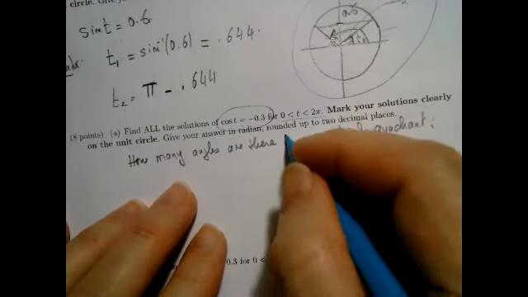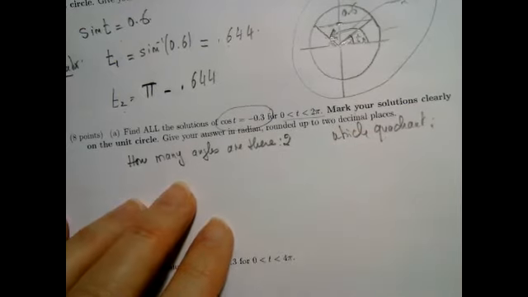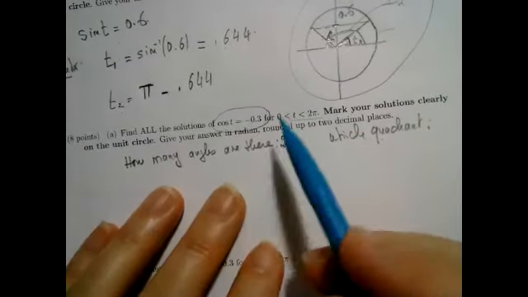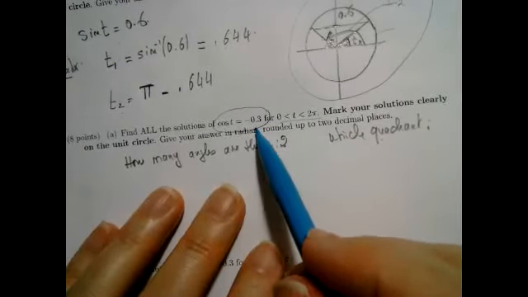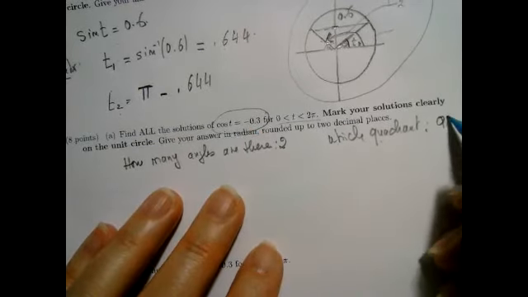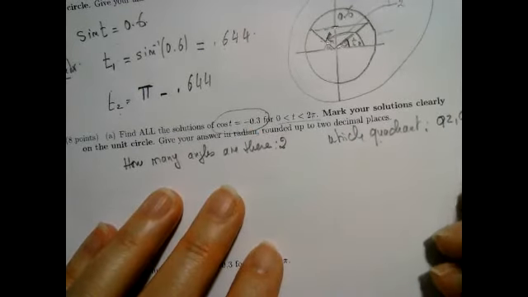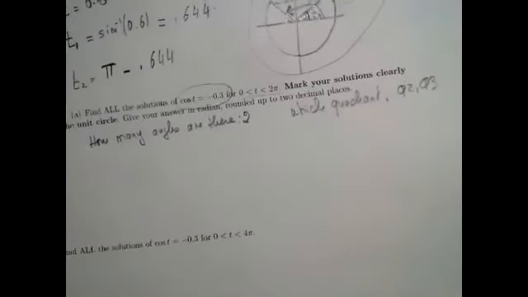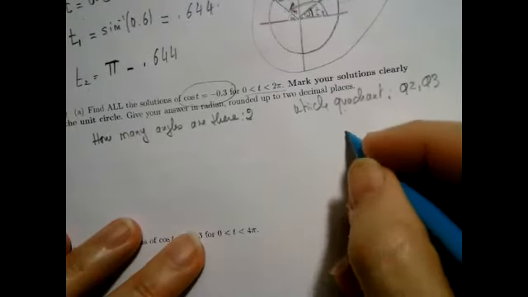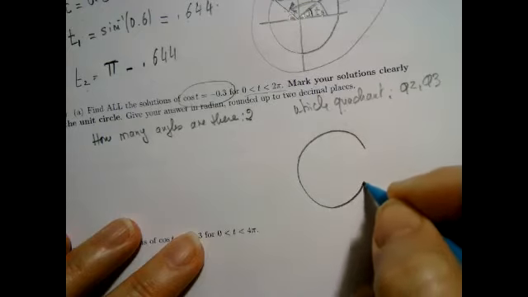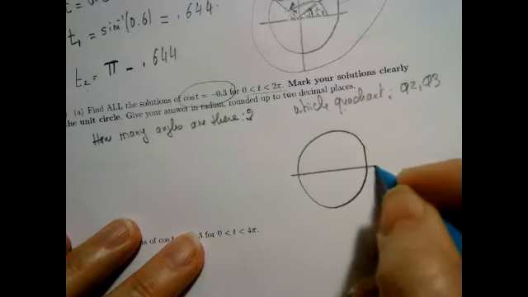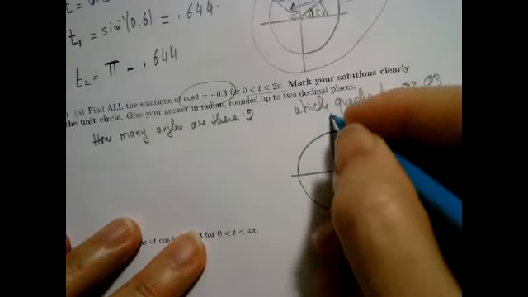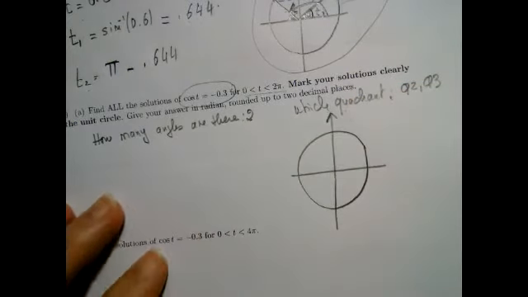There are 2 angles. And in which quadrant? If the cosine is negative, it means quadrant 2 and quadrant 3. Now we're going to draw the unit circle. There is no way I can think about those problems without my unit circle. That's my unit circle.